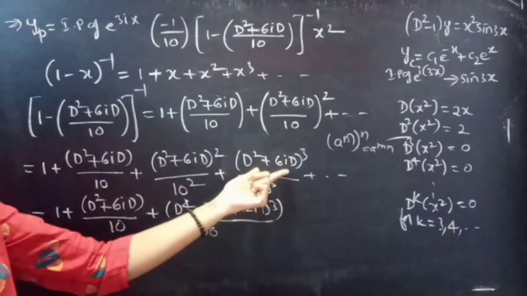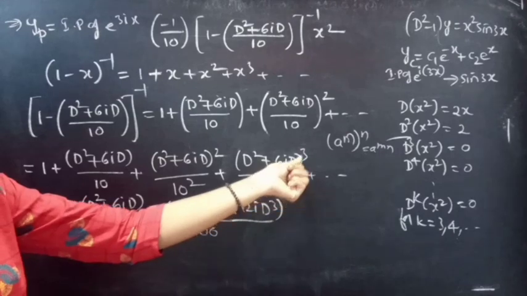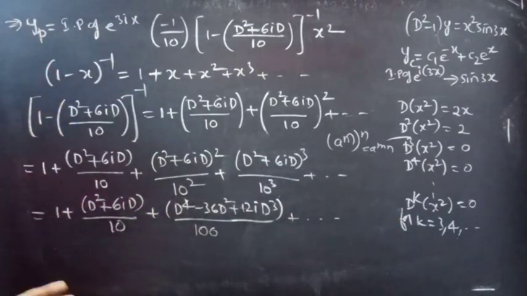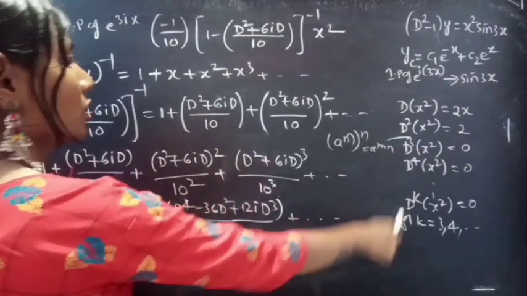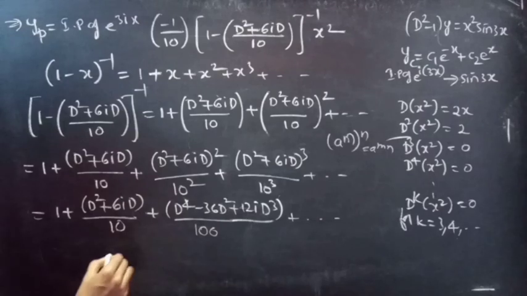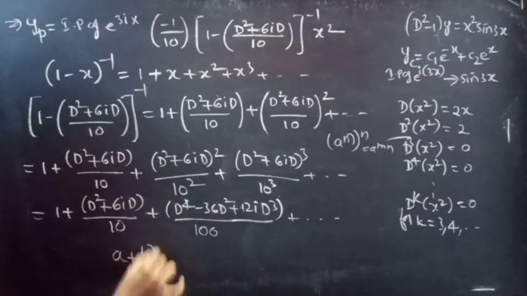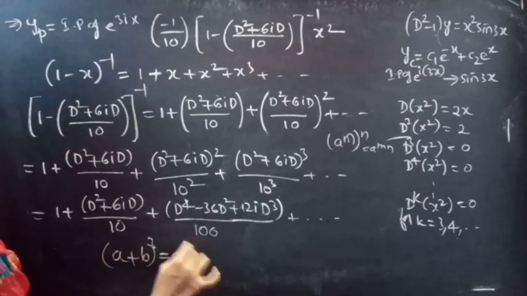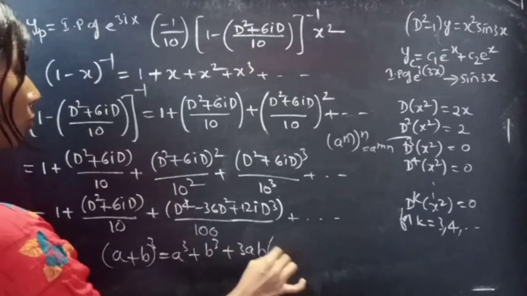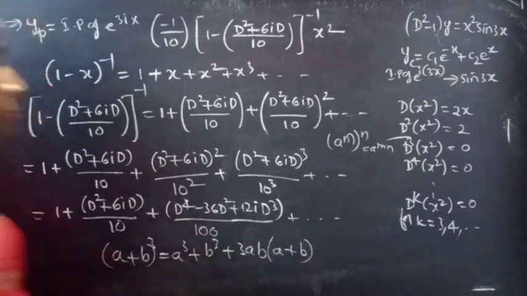Also you can expand (d² + 6id)³ here. Definitely you'll get higher derivatives from d³. We can check it using the (a + b)³ formula, which is a³ + b³ + 3ab(a + b).